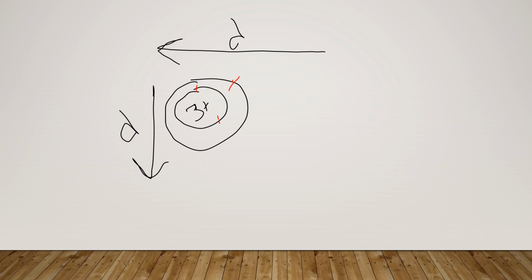Then over here we have, let's say, oxygen. Let me draw that a little bit better. Okay, so oxygen has its nucleus and 2 energy levels.